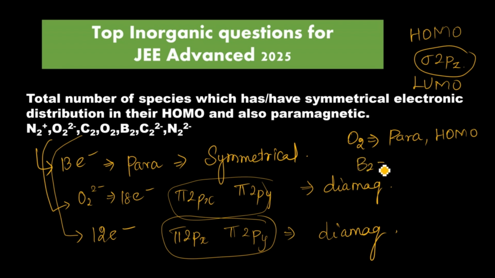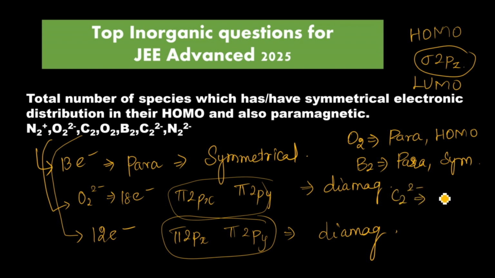Then comes B2. It's 5 plus 5, 10 electrons in total. Is it paramagnetic? Yes, it is. And HOMO, that is symmetrical, which will have again pi 2px 1 electron, pi 2py 1 electron. In case of oxygen, it was pi star 2px and pi star 2py. In boron, that is the bonding molecular orbital. Then C2 2 minus.